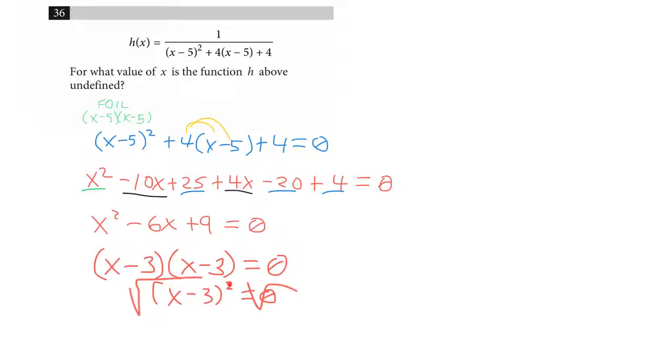That gets rid of this exponent, so the square root symbol destroys that exponent. The square root of 0 is just 0, so the next line could just feature a 0, and then we're left with just x minus 3. So x minus 3 equals 0, and adding 3 to both sides would give me x equals 3, and that is most definitely the answer to that problem.